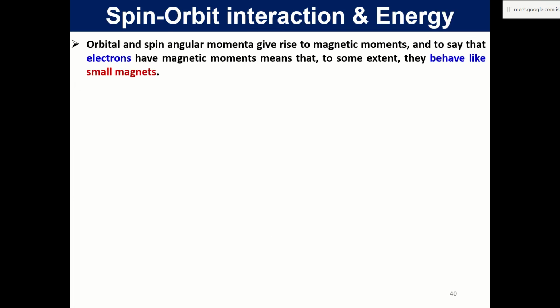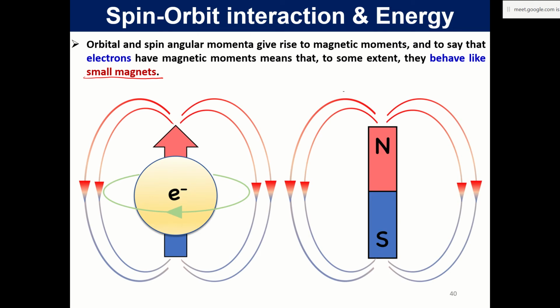And the basic idea: it is easy to write L plus S and those things, saying that this couples with that, but how exactly it couples, if you want to really understand that, you need to understand that electrons behave as small magnets, as tiny magnets.